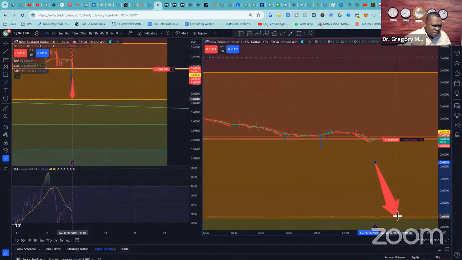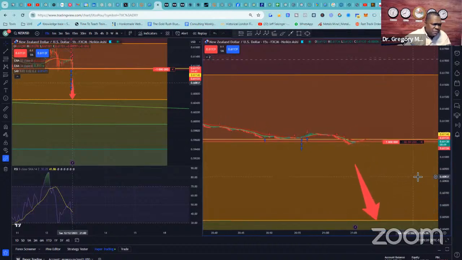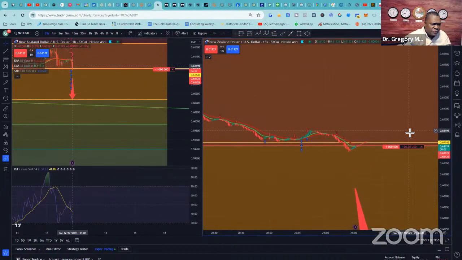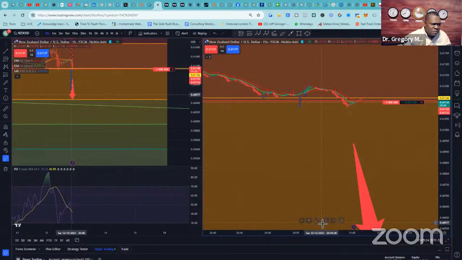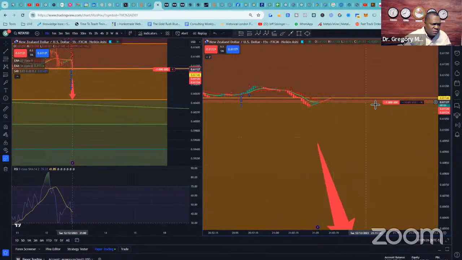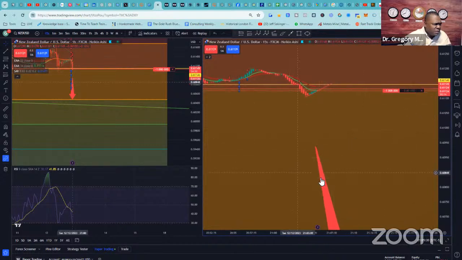Did we get down to that area? We broke that 23% retracement pretty handily.